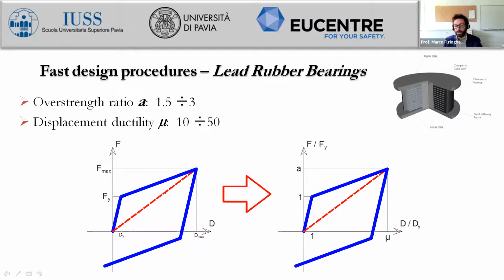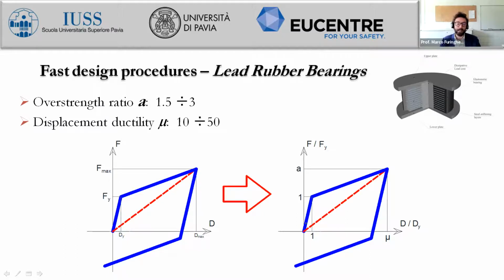But if you see, I have just normalized both the axes with respect to the same quantities located at the yielding point. So this means that this is a force displacement loop, and I have normalized the horizontal axis with respect to the displacement at the yielding point, and the same has been done for the vertical axis. So the force axis has been normalized with respect to the force at the yielding point.